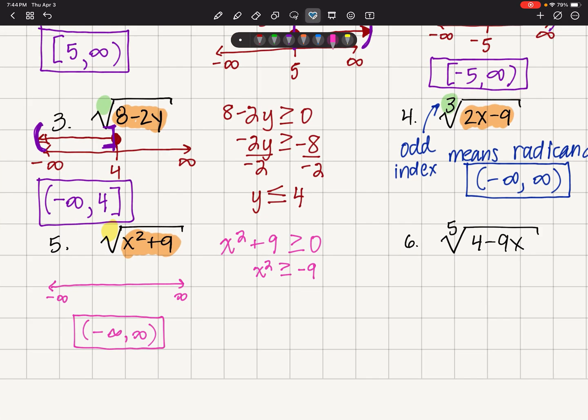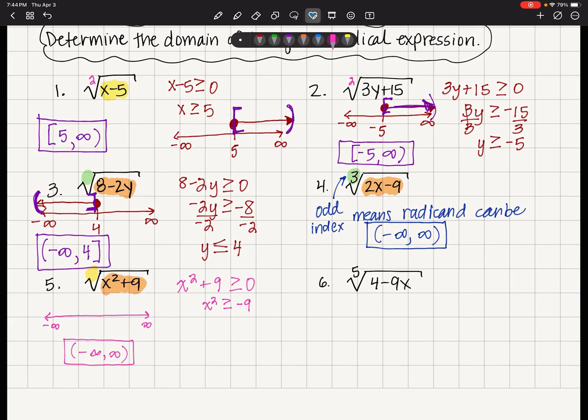Now, if you want to try number 6 to check your understanding, go ahead and try it, press pause, then come on back and check your answer. Okay, if you're back, I'm going to write that this is true for all real numbers, and that's why we got negative infinity to positive infinity.